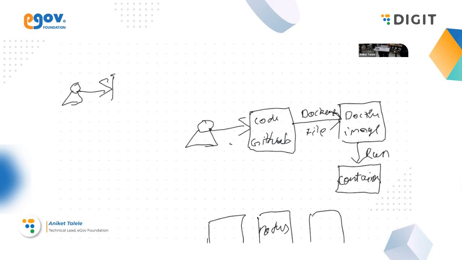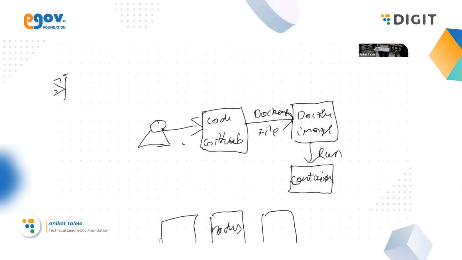Now to solve that challenge, there are tools available like Kubernetes and Docker Swarm. So I'll explain it via Kubernetes, right? So basically we will then use Kubernetes to run this container. What Kubernetes will do is run these containers inside pods.